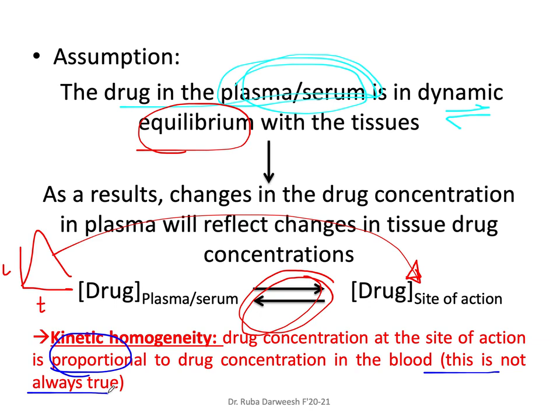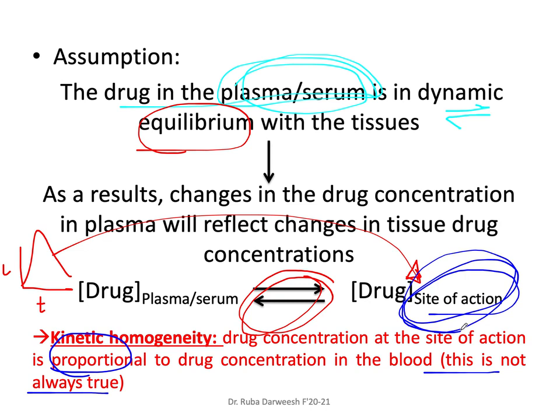This is very important because we almost always can't experimentally measure the drug at the site of action. Again, in some models such as animals, we can do that, but to harvest the organs, you need to kill the animal. In humans, we can't do that. We have some insights from animal models, but it's not always true.